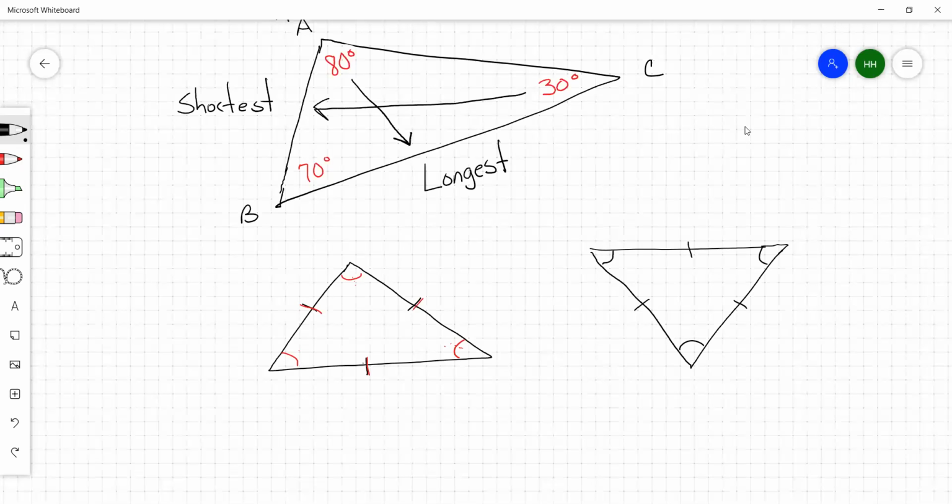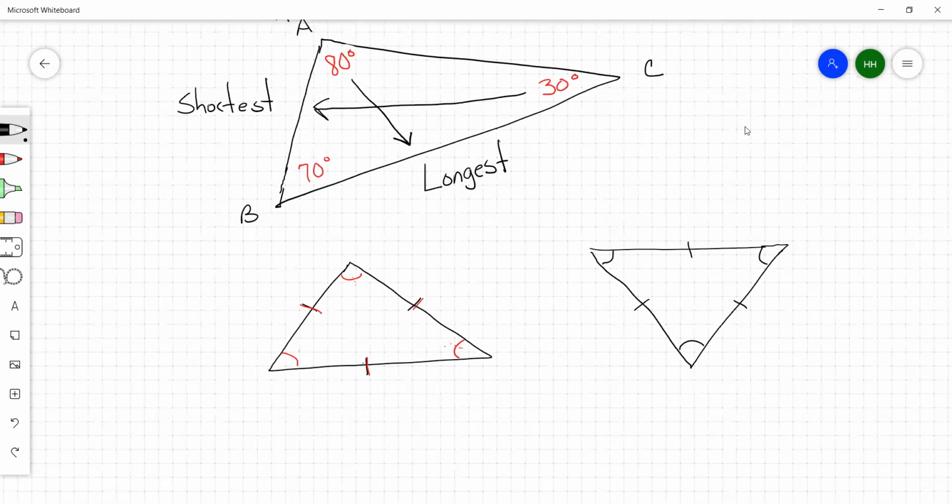Okay? Pretty simple concept, but really important. Anybody have any questions on that? Inequalities in a triangle? Kind of makes sense, doesn't it?